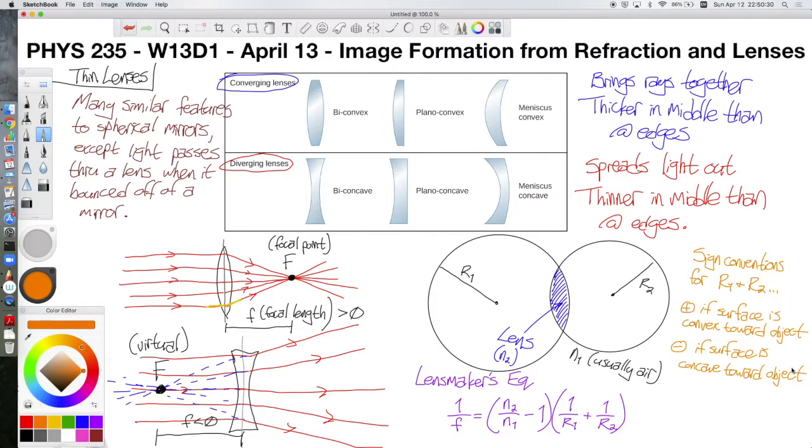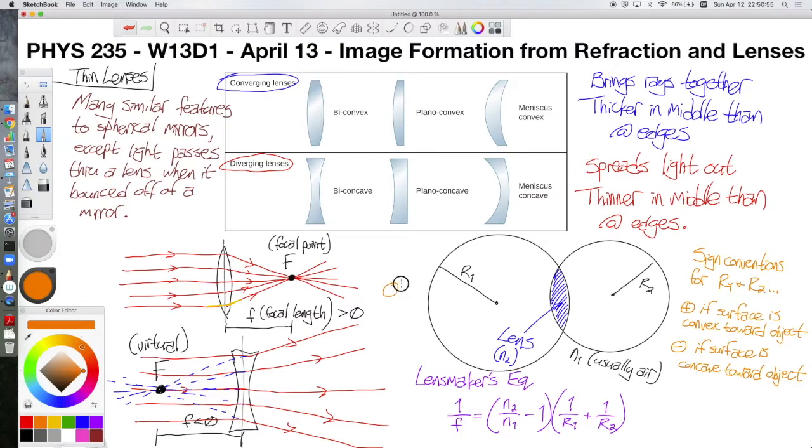So that means we need to know which side of this lens we're going to be on in order to determine whether our lensmaker's equation is going to give us a positive or a negative focal length, or in order to determine whether R1 and R2 should be positive or negative. So what we're going to do here is choose a location for the object.